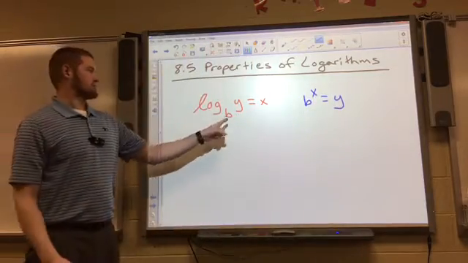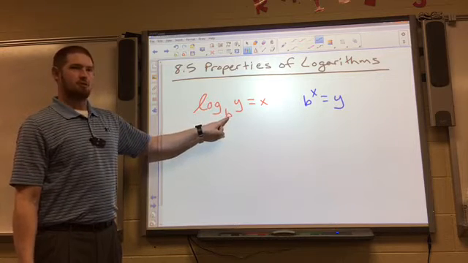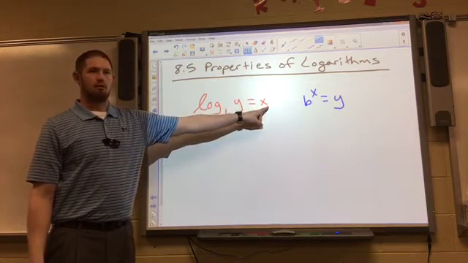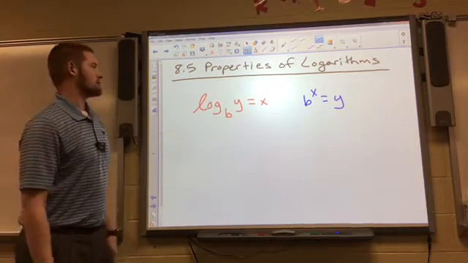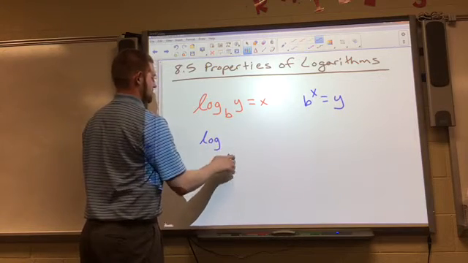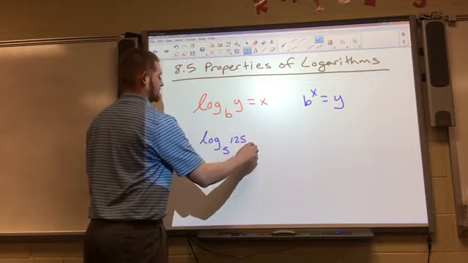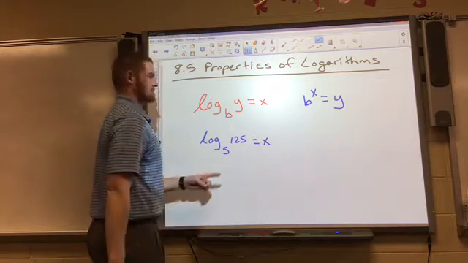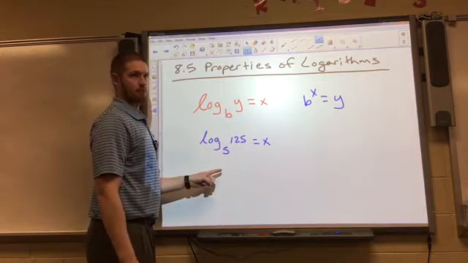Because what you're asking yourself when you're trying to solve this is: b to what power equals y? So if I had log base 5 of 125 equals x, what does x equal? What is log base 5 of 125?